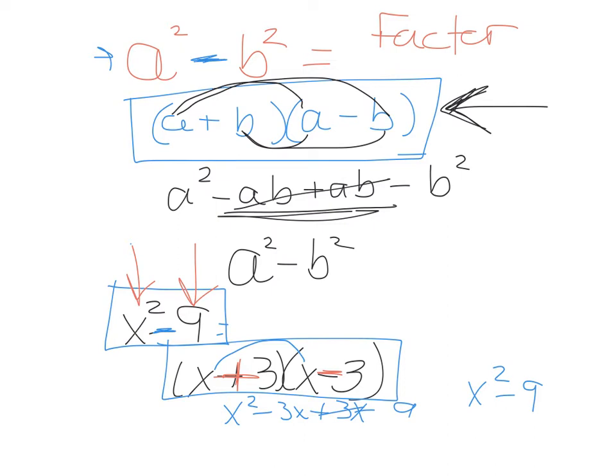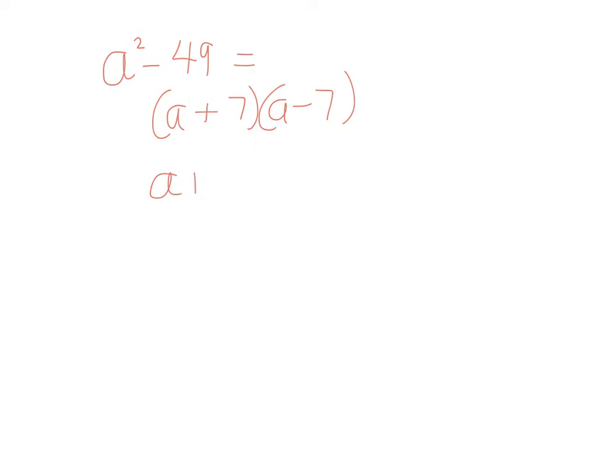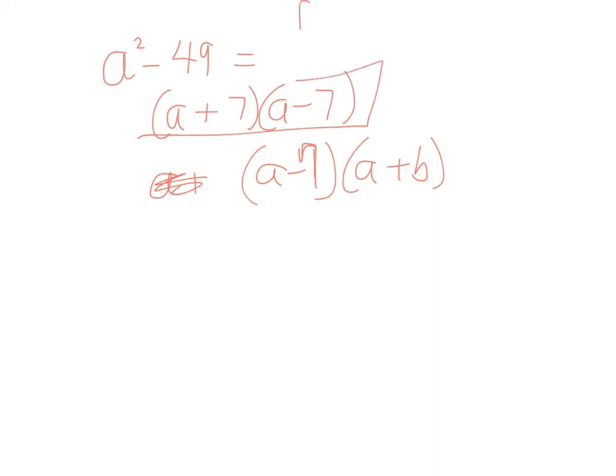So if I give a squared minus 49, really simple, a plus 7, a minus 7. Of course, if you gave me the answer with the minus first and then the plus, that's totally the same. They're both absolutely fine. So this is your answer if it says to factor, and we see that these are both perfect squares with a minus in between.